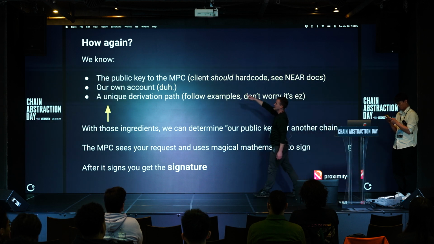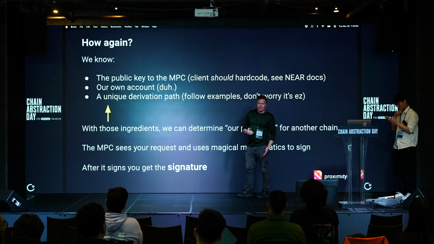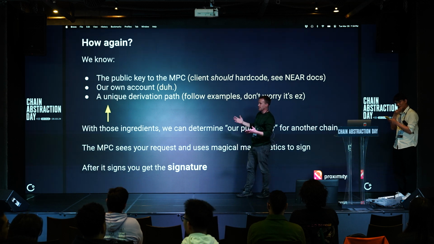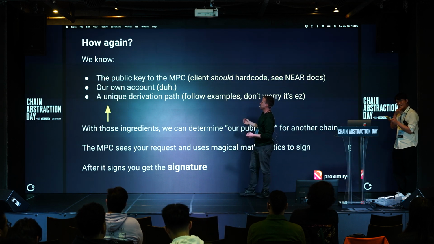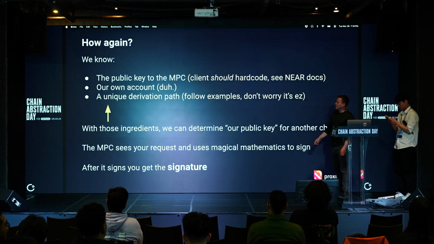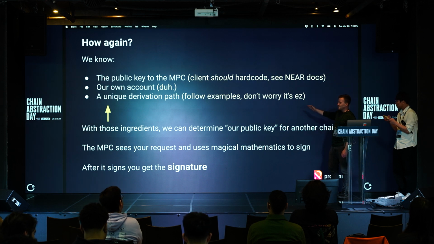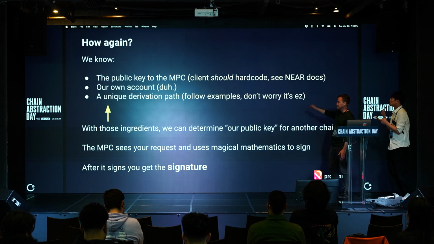So you need to know the public key. You need to know your own account, which is very easy because you'll usually just log in with your Near account, and it's going to know your Mike.near or whatever. And then a unique derivation path. This one, I would follow the examples. Don't get too caught up in whether you're doing the derivation path right. I would just say follow the examples and you'll be gravy.